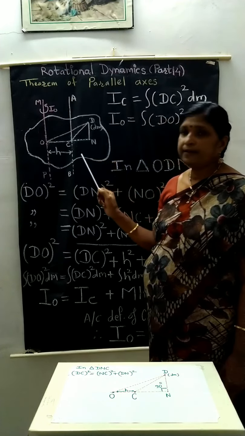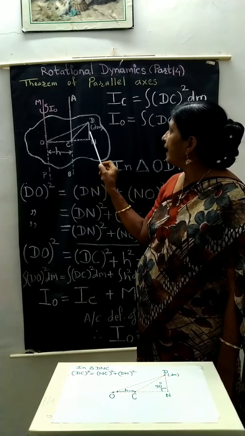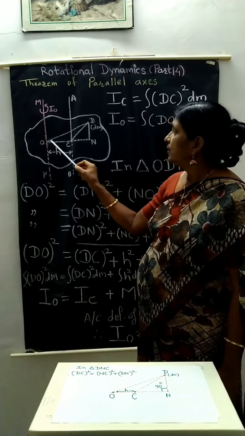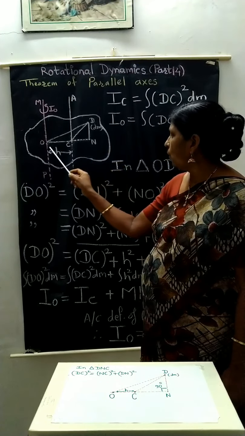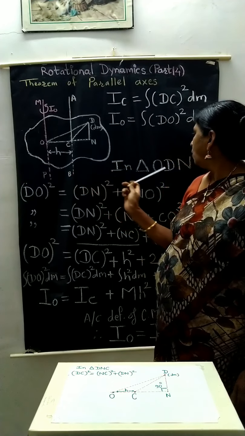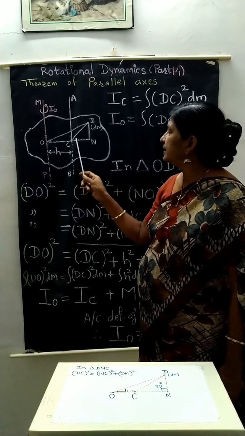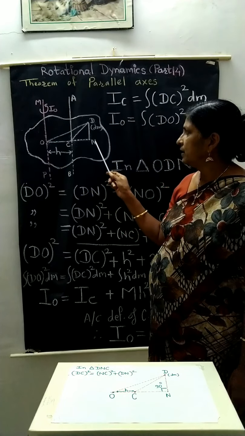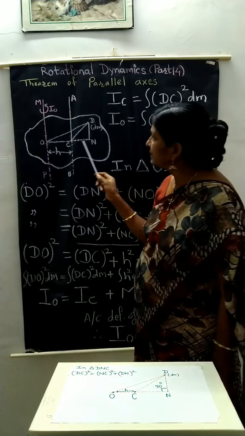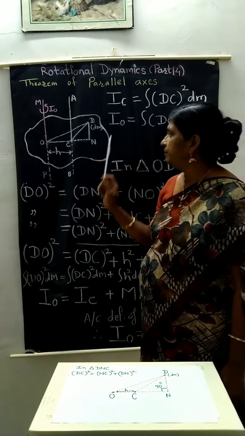So, in this figure, there are two right angled triangles. One is DNO or ODN, and another triangle is DCN or NCD.